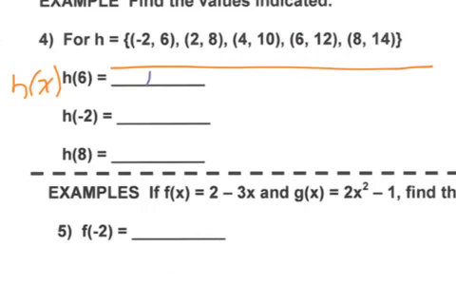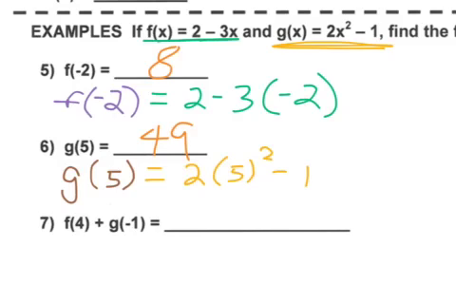So it's wanting us to say, well, the y is 12 in that case. Then we're going to look for h of negative 2. And h of negative 2 produced a 6 with this function. And then h of 8, here's h of 8, we would have gotten a 14 on this one. Alright, you may want to hit pause and copy these down.